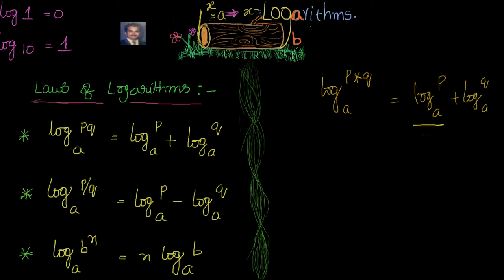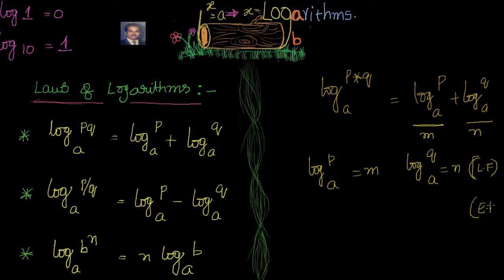So I'll take this as m, I will take this as n. Now these two are in logarithmic form. Say logarithm of p to the base a is equal to m. Similarly, logarithm of q to the base a is equal to n, which are in logarithmic form. Now convert them into exponent form.